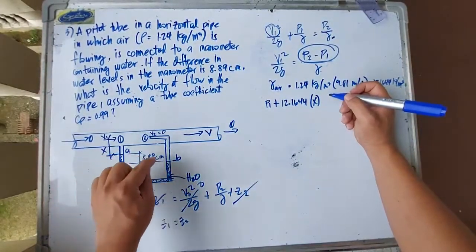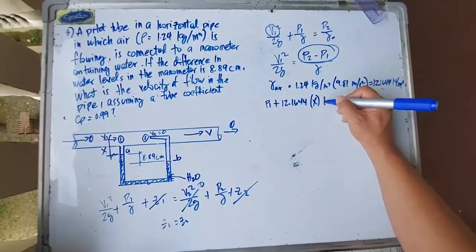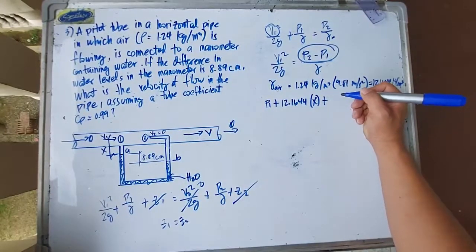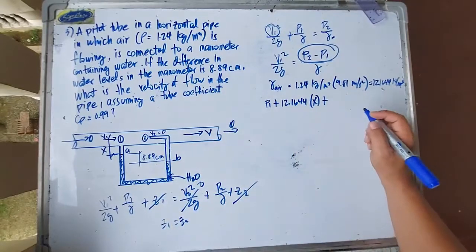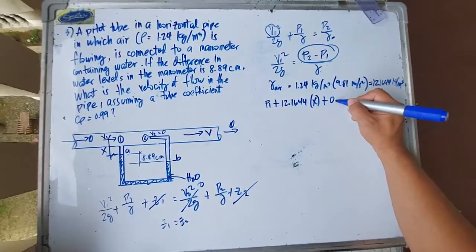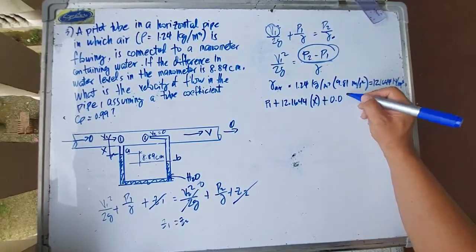And then from A to B, we go down, so plus, since pressure increases with depth. Let's convert to meters, 0.0889.